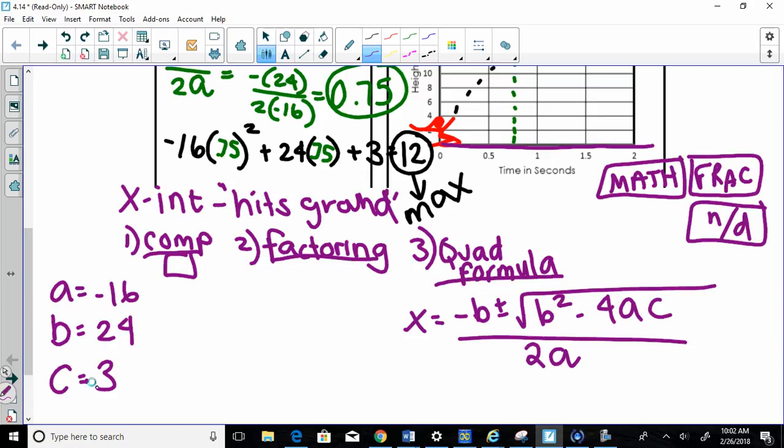All you're doing is, every time we plug something in, you're putting it in parentheses. So I would write negative, and instead of B, what are you going to put in your calculator on the numerator? 24. And just start with plus or minus, it doesn't matter which one. Then each time you plug it in, you're using parentheses. B squared.